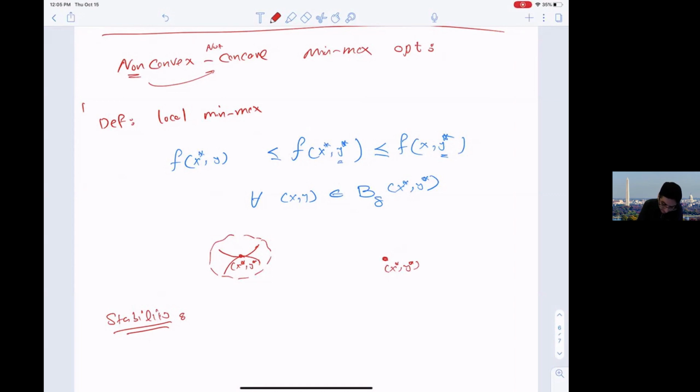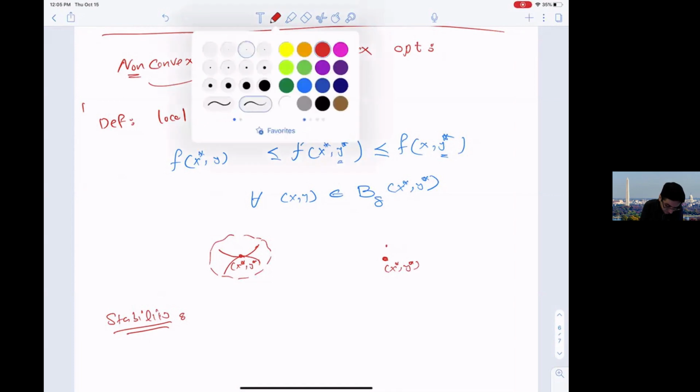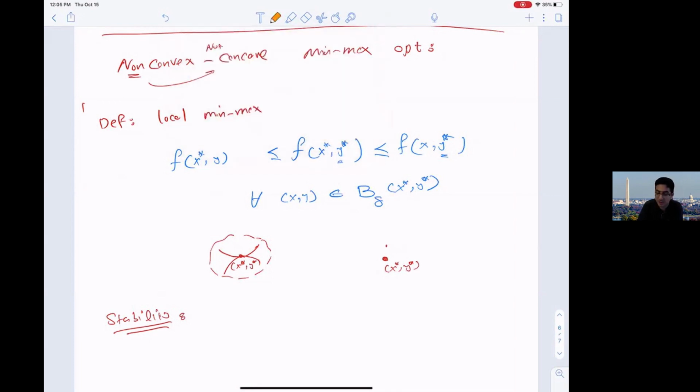If I start from a point very close to X star and Y star, I hope my dynamics take me to X star and Y star, or at least that I don't go away from it. Let's say I start from here. If I then drift away and go somewhere else, then the dynamics around X star and Y star are not stable, they are unstable.